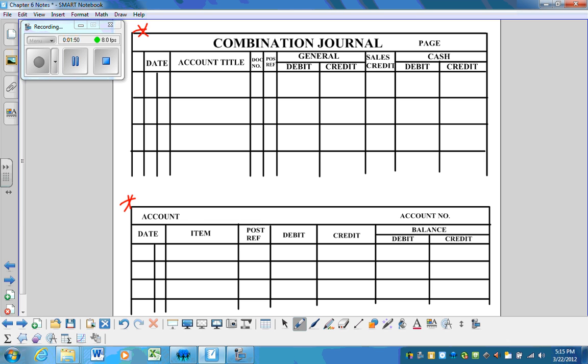So if we were to call this line rent expense, every time we did a transaction with rent expense, we would record it. And every time we recorded it, we would be coming up with a new balance in that account. So that at any time, if you needed to know what you had in the rent expense account on the 15th of January, you could go right to this general ledger and it would show you.